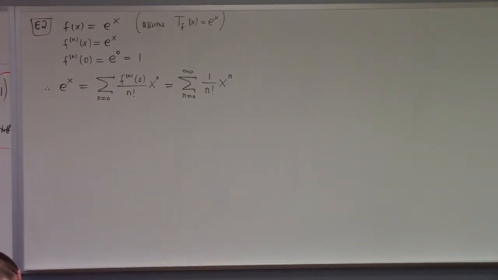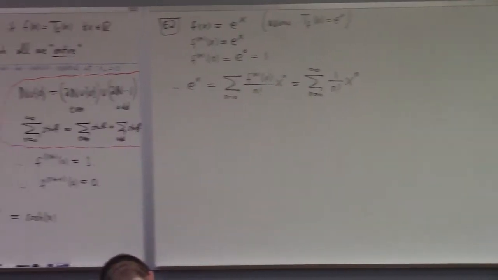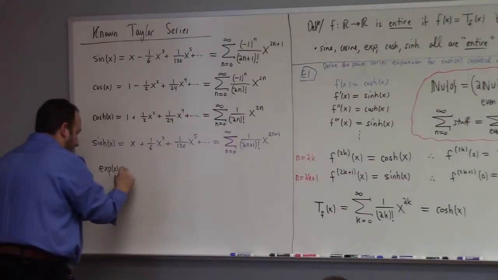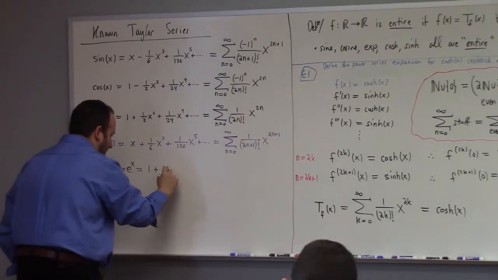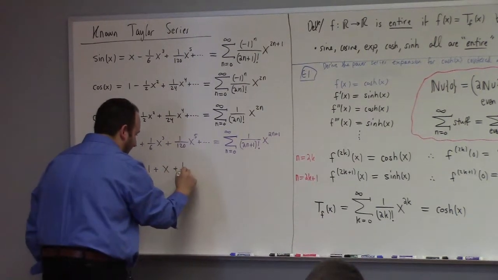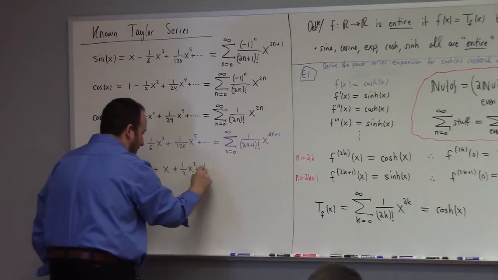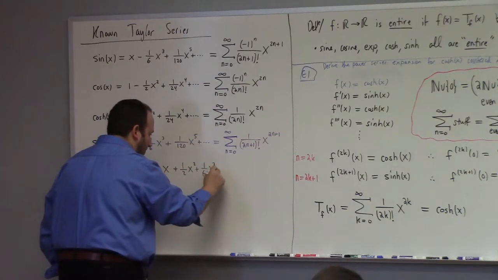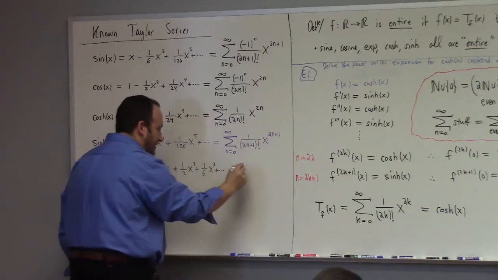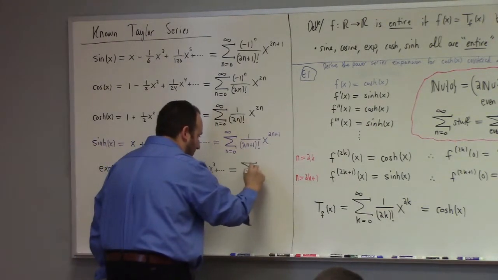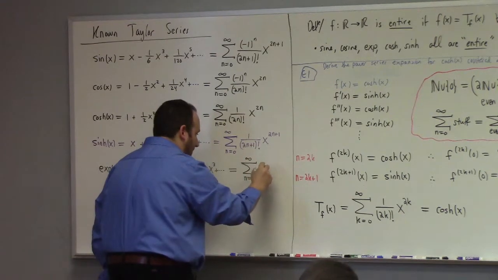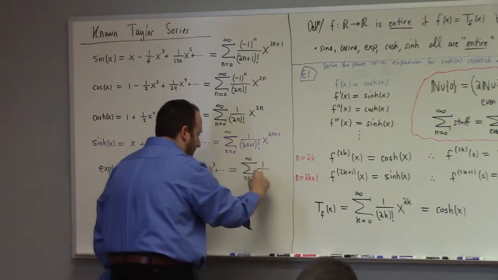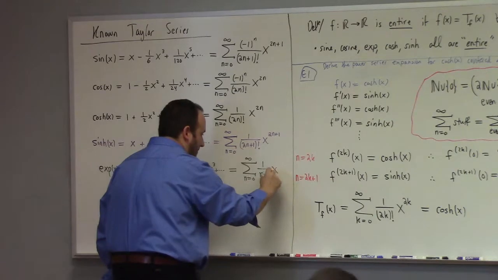So the exponential of x, also known as e to the x, has power series 1 plus x plus 1/2 x squared plus 1/6 x cubed plus and so on. And that is elegantly rewritten, the entire Maclaurin series here, as the sum n equals 0 to infinity of 1 over n factorial x to the power n.